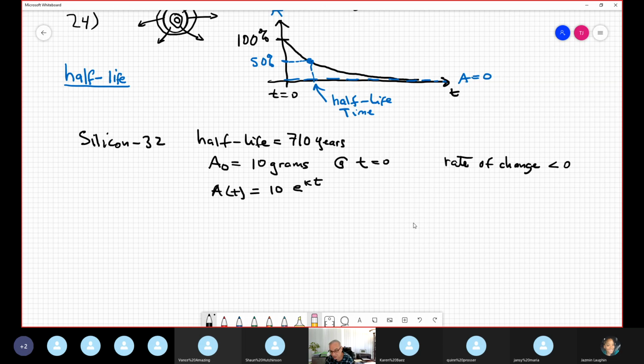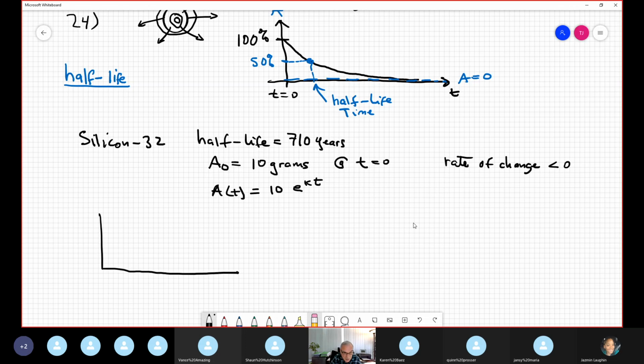Because the interpretation of the negative sign is that it's decreasing, going down. Okay, but I don't care. Now I know the half-life. What's my goal? My goal is to find the k value. Okay, let me try to understand.